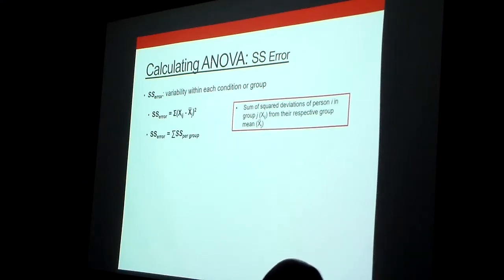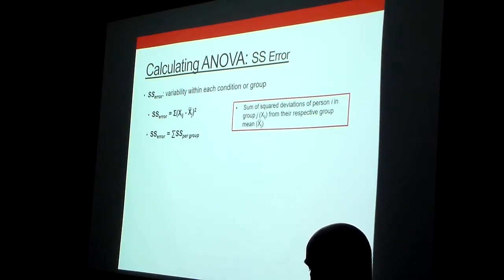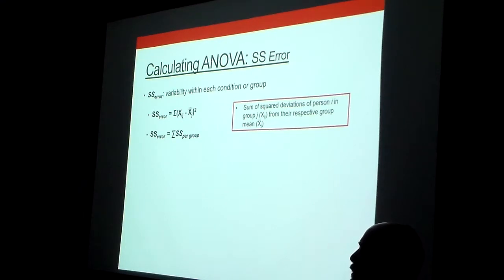So if you take a look at your sheet, if I'm looking at condition 1, I'm taking each person in condition 1, taking their score, subtracting it from the group mean, squaring that, and I'm going to do the same thing for everybody in group 2 and everybody in group 3.